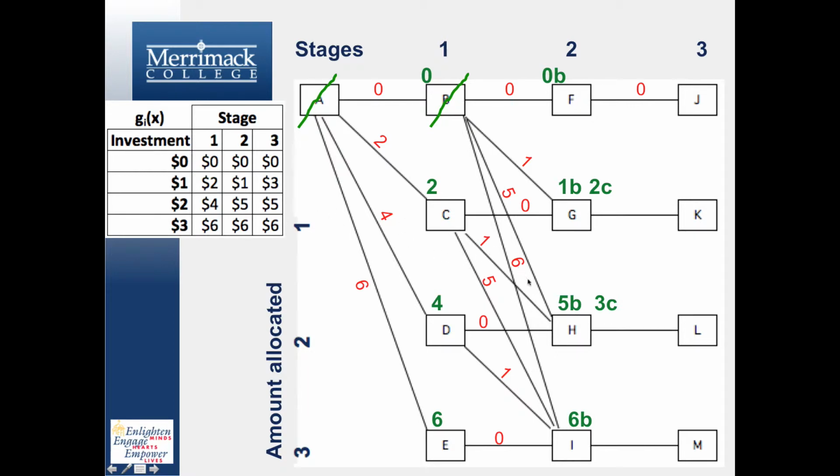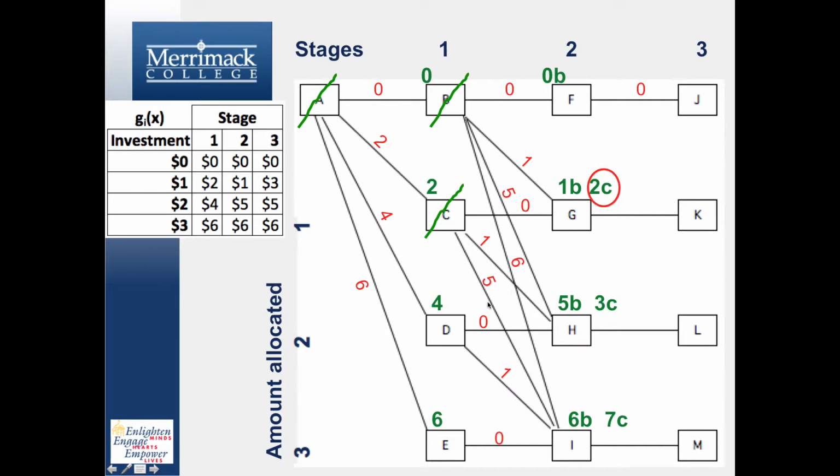Okay, so that results in 3 total coming from this route. And this way, if I invest $2 million in stage 2, I get a return on my investment of 5, plus what I had already is 7. So I can close off node C now.